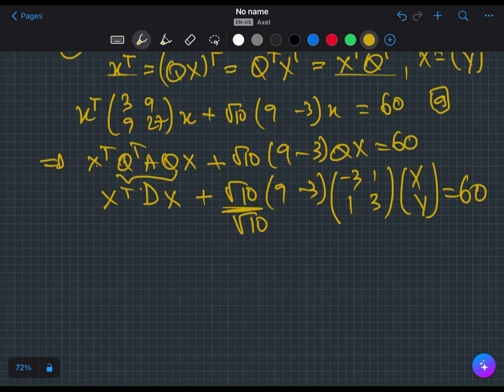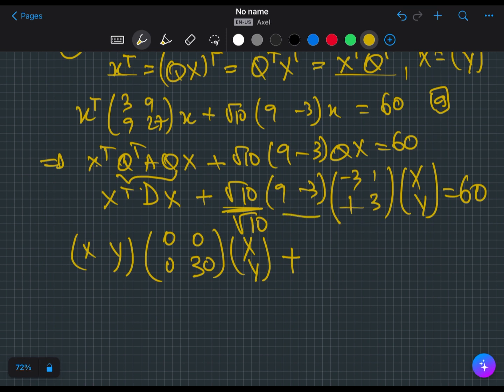Now I will have (x, y) times [0, 0; 0, 30], which is D, times (x, y), plus, if we do the multiplication of this 3, we will have minus 30x, equals to 60.